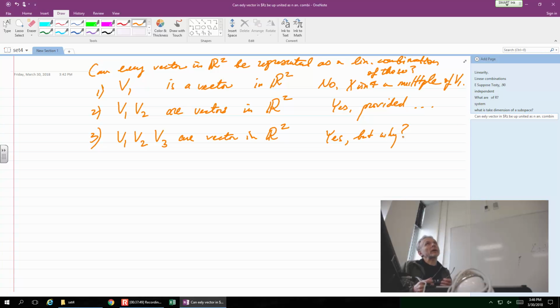So we're looking for the minimal possible combination of vectors that would solve this problem. Okay, it's called the basis.